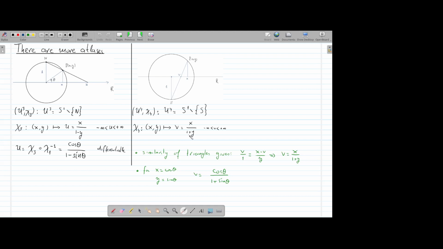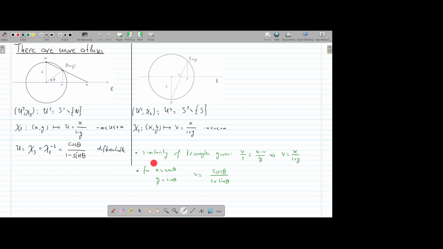Of course, you see now that the map is not well defined as y gets close to -1. So if the point P approaches the south pole, then we have this point moving to infinity. So indeed, this chart is not able to cover the whole circle.